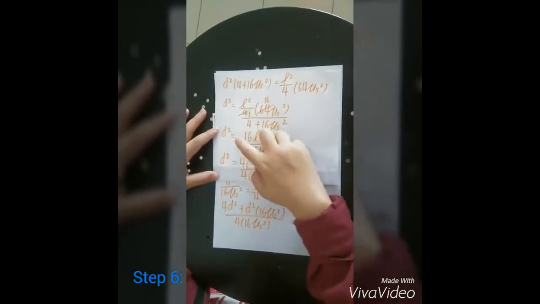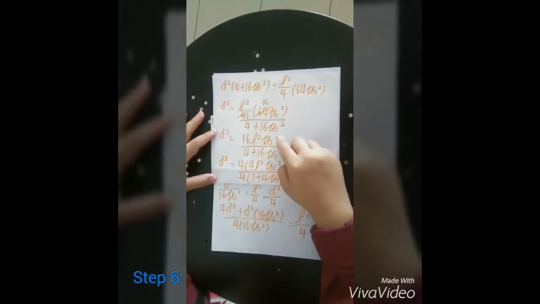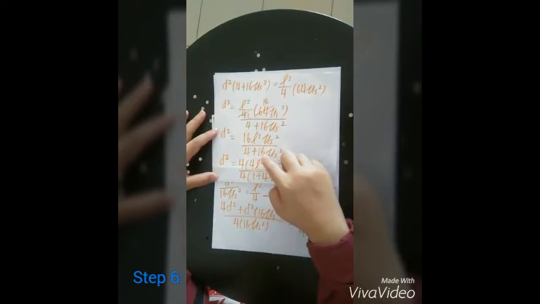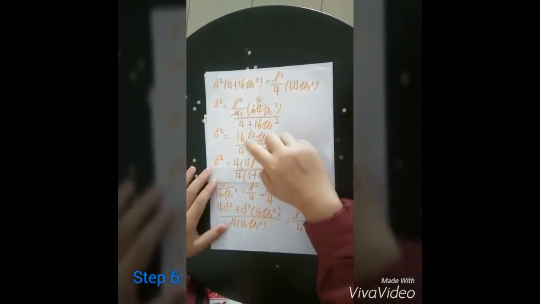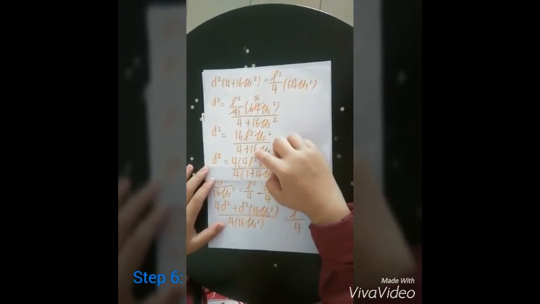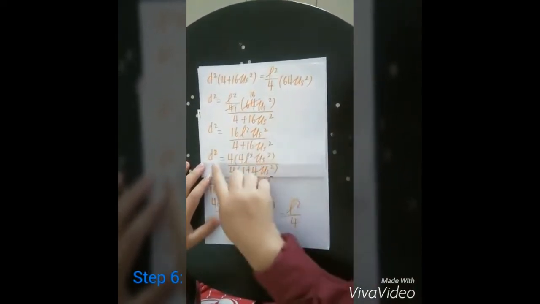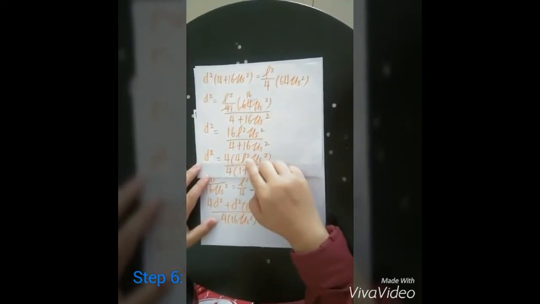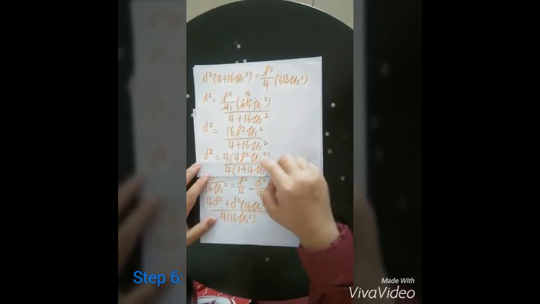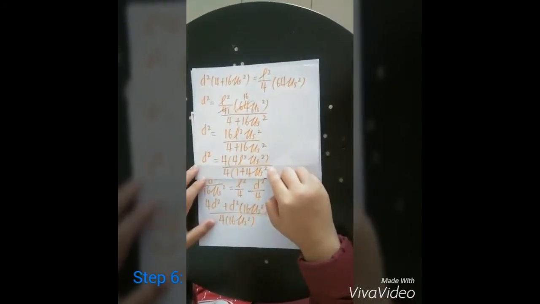Then the following step is d square equal to 16 L square mu s square divided by 4 plus 16 mu s square. After this we know that 16, 4 and 16 we can factorize out. So d square equal to 4 bracket 4L square mu s square bracket divided by 4 bracket 1 plus 4 mu s square.